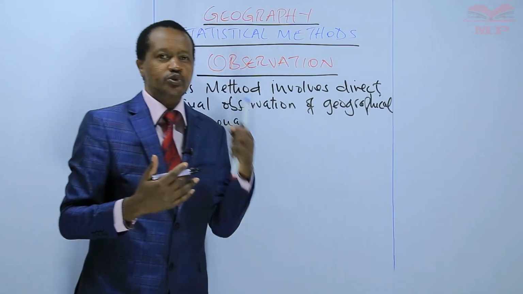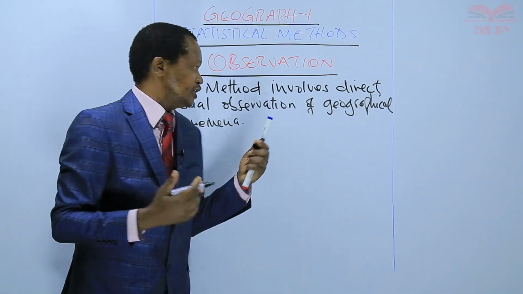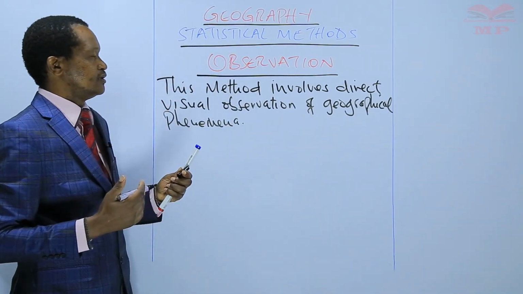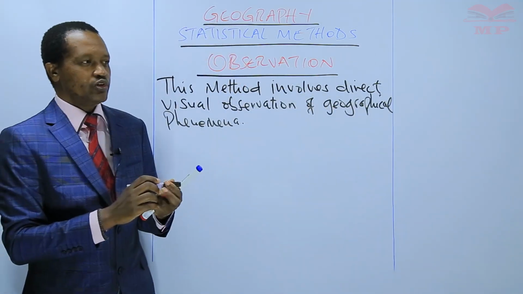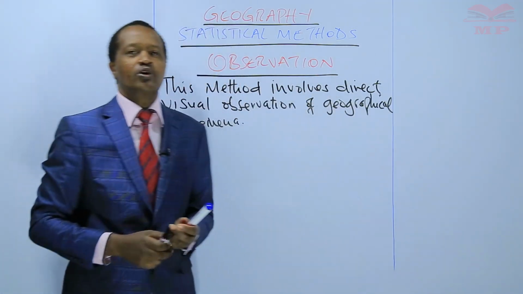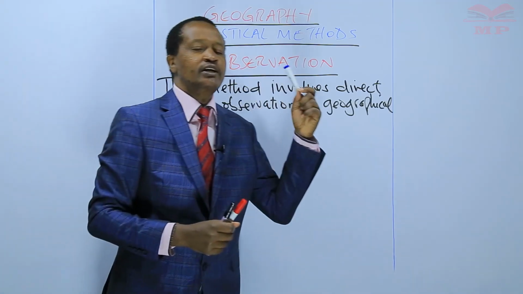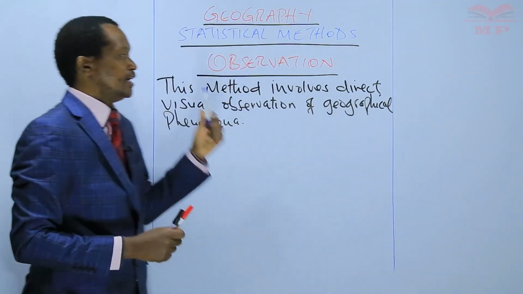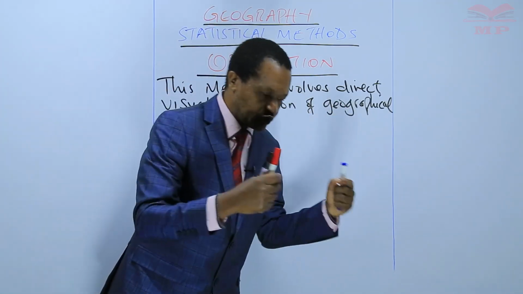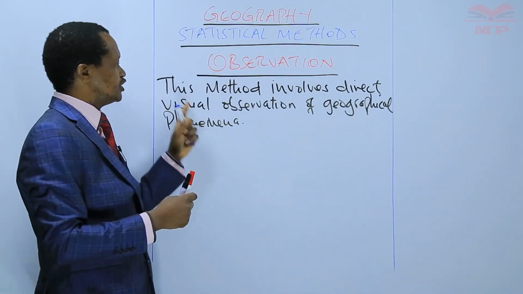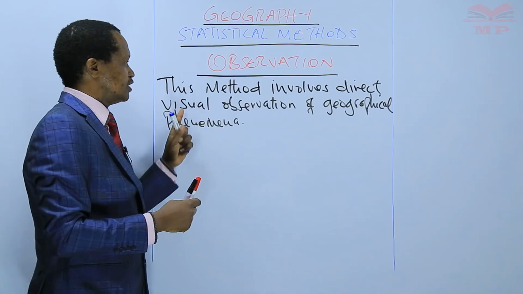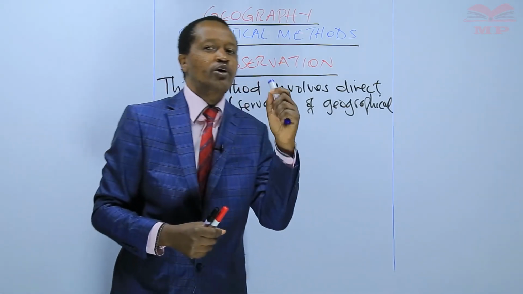To observe, to see, visual, okay? Other than just sending questionnaires or asking people questions or interviewing respondents, a researcher can choose to use his own eyes to observe, visual observation of geographical phenomena.